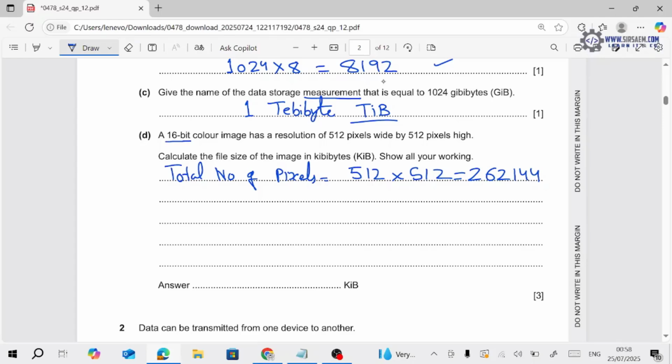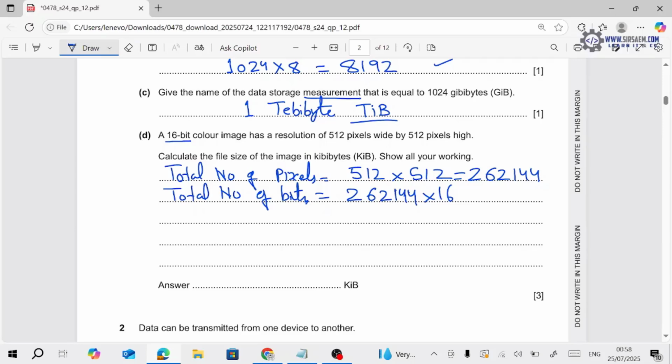Then obviously we do know how many bits per pixel. We do know 16 bits color. We know that. So in order to calculate the total number of bits, we will be doing what? We will be doing the value that we just got, 262,144, it has to be multiplied by 16.